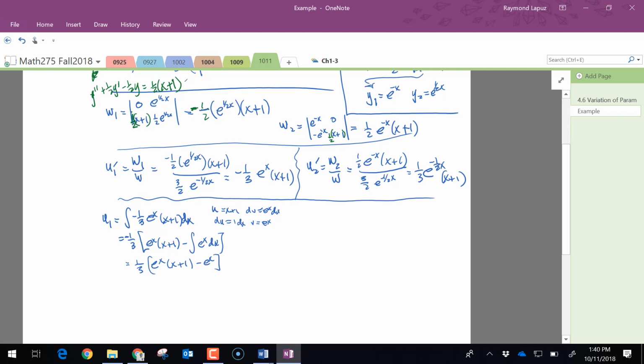If we multiplied it out, it would cancel with one of the e to the x's. So I just have x e to the x. That's nice. Yeah, there's a negative there.